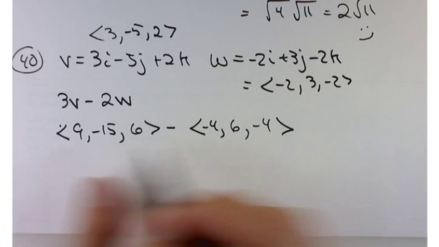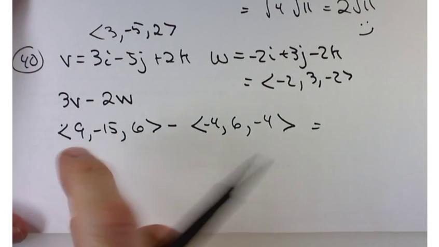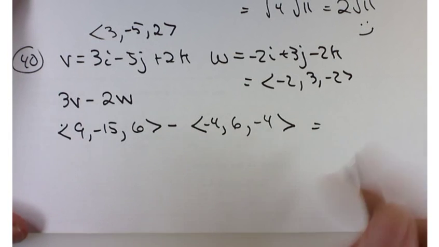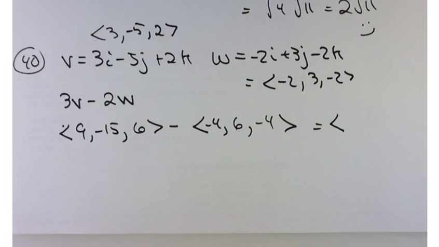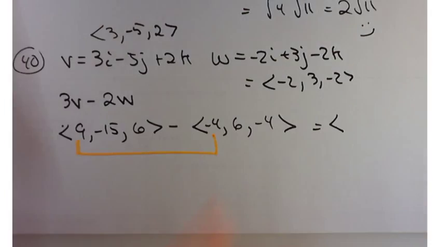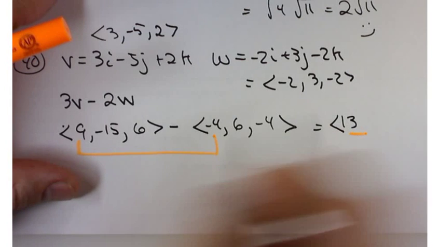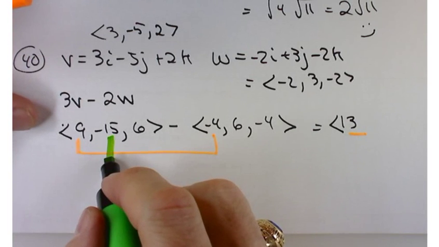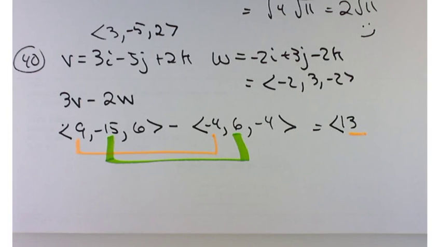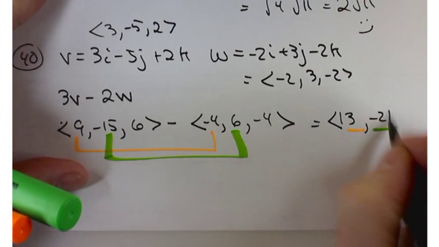So here's your 3v, here's your 2w. In terms of subtracting these, you're going to subtract them pairwise. So it's going to be 9 minus negative 4, which is what? 13. Good. 9 minus negative 4 gives me my 13, because the double negative becomes a positive. Likewise, subtracting pairwise here, negative 15 minus 6, good, negative 21.